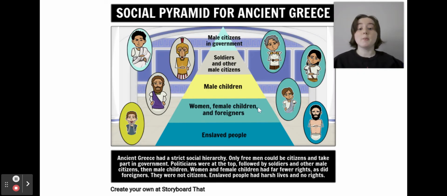These are people who never have the ability to become citizens. So our first three ranks are all citizens, and then under that are people who never have the ability to become citizens: women, female children, and foreigners. And finally, we have enslaved people at the very bottom. So, you can pause for a second, copy this all down, and then continue on.